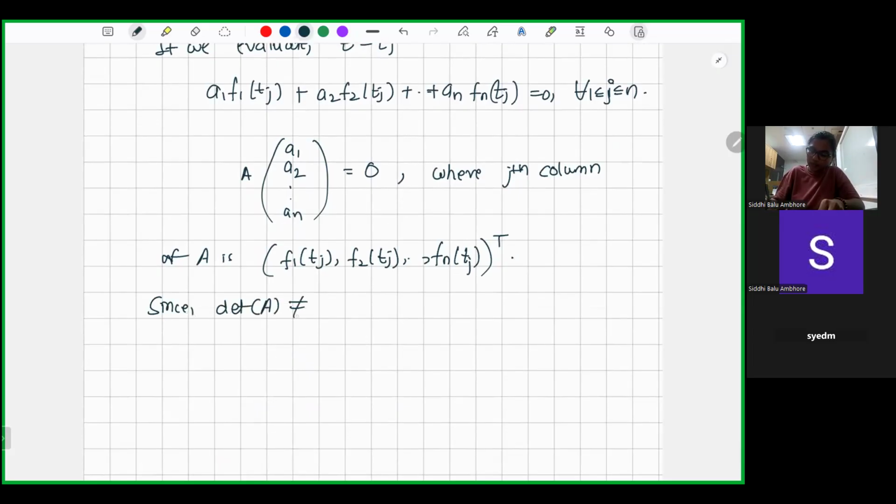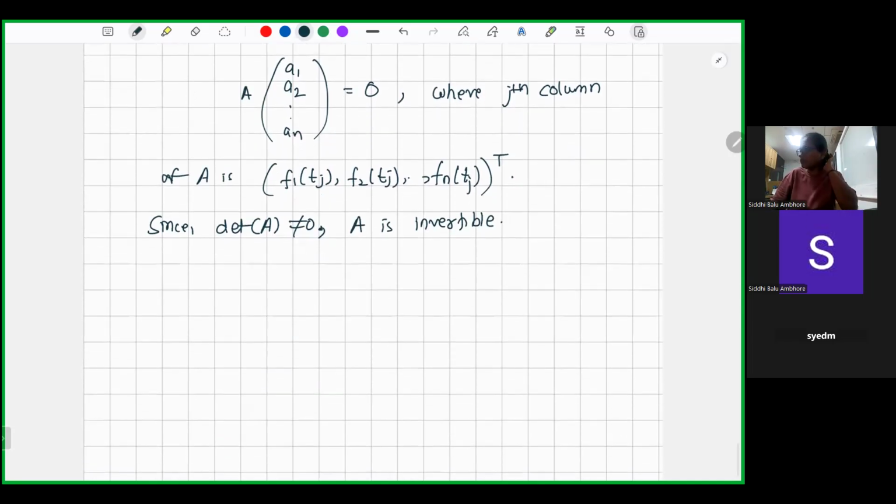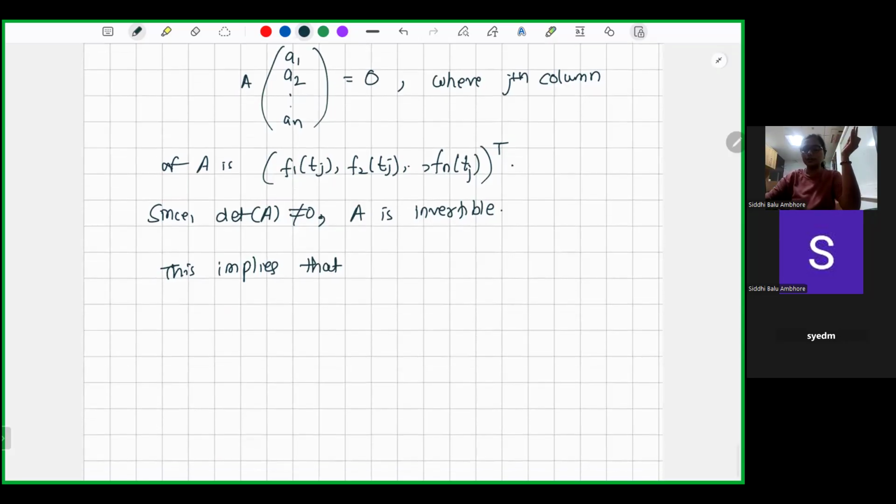So since the determinant of A is non-zero and A is invertible because the determinant is non-zero, this implies that each Ai is getting multiplied to each column of A. And this implies that the only possible solution is A1 to An must be zero, right?